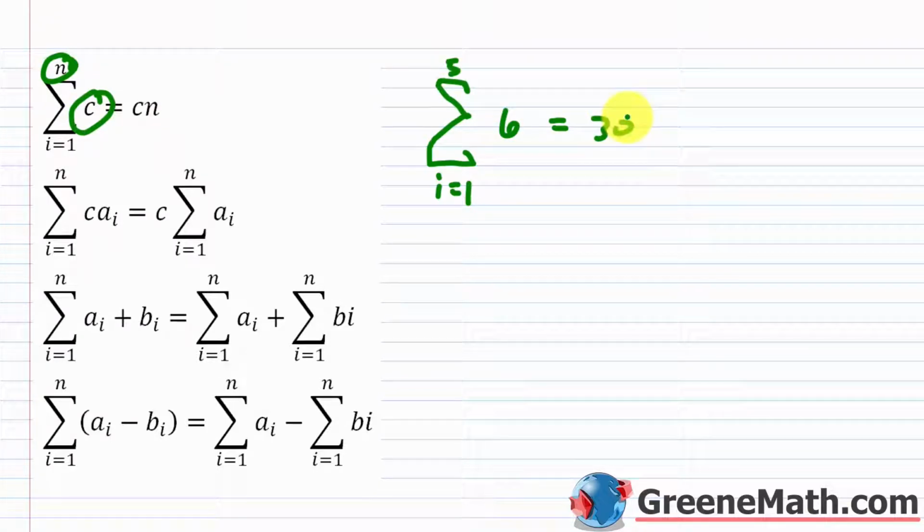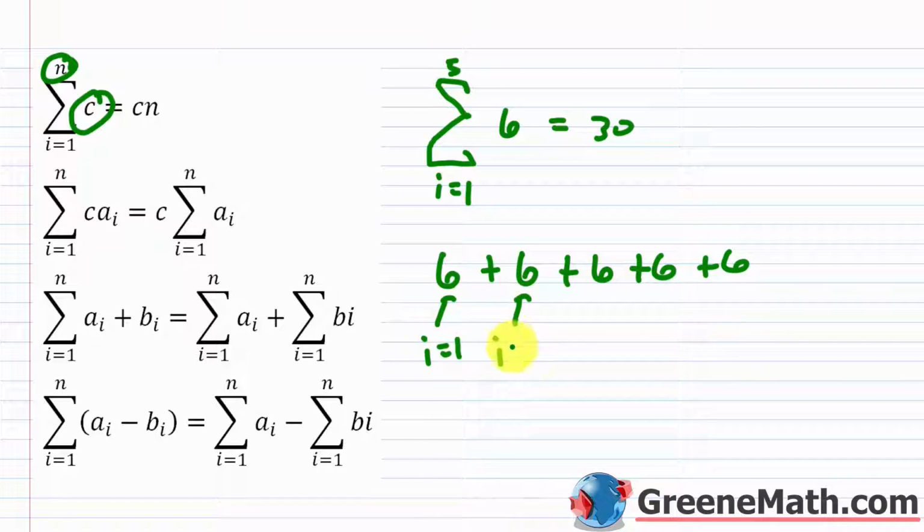But where does that come from? Well, even though you don't have an I involved here, you've got to go through and do this 5 times. So the first one would be 6, and then you would increment and say, okay, now I'm on the second iteration. So I would do another 6, then another 6, then another 6, then another 6. So here, I is 1. Here, I is 2. Here, I is 3.